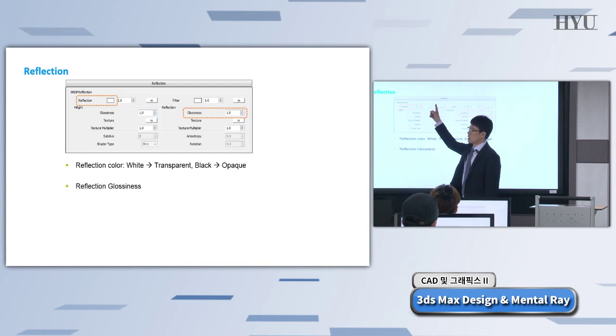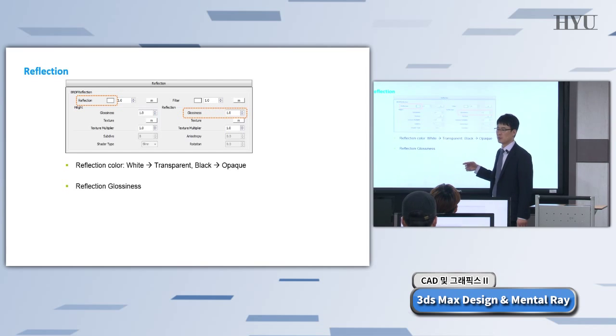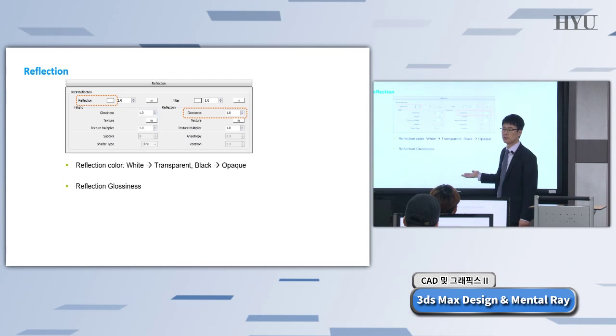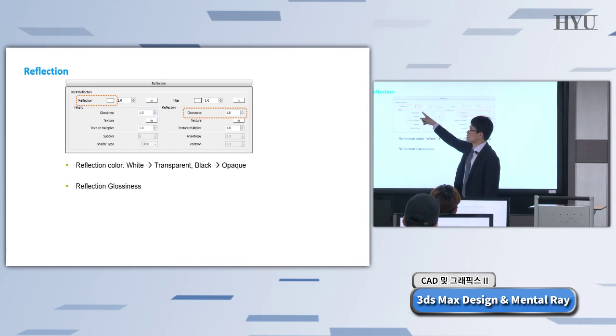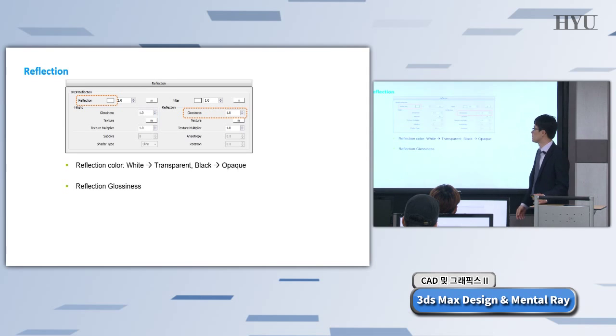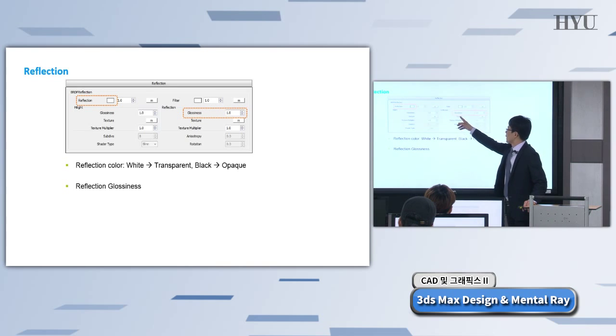But in Mental Ray, you should put in numbers. For example, 1 means 100% reflective, 0 means nothing reflective. If you put 0.5, it's 50% reflective. That's the control, the same but with a different interface.